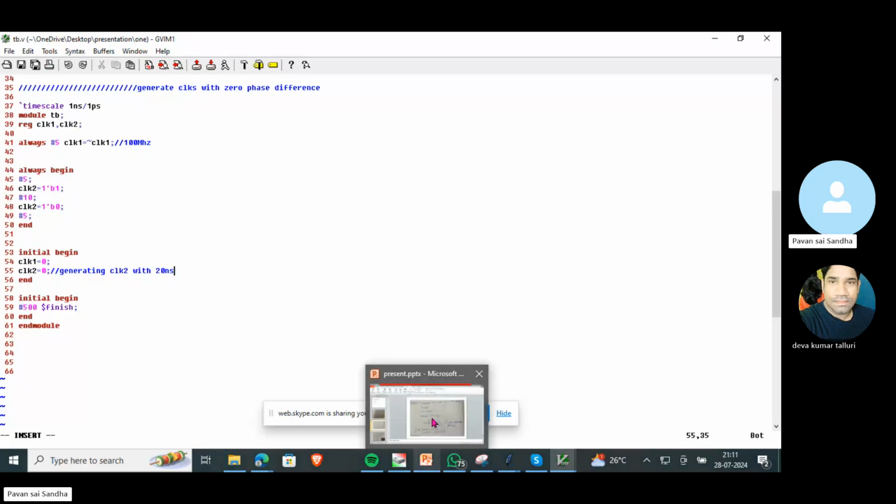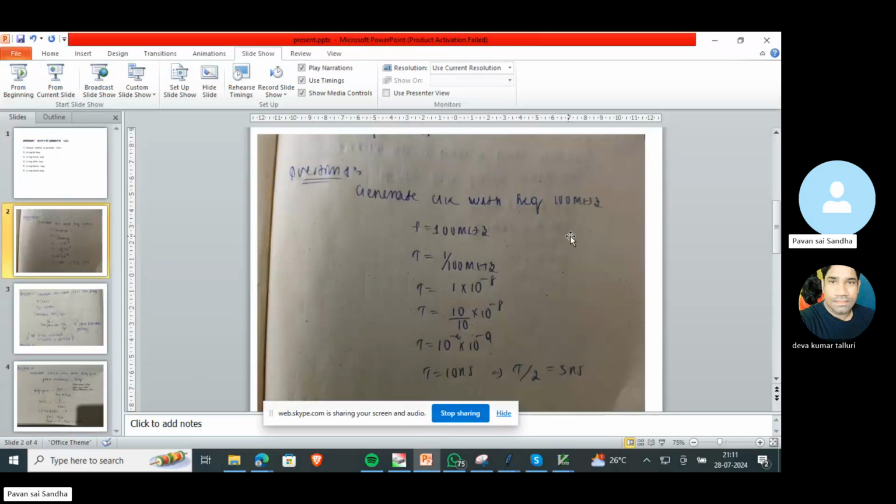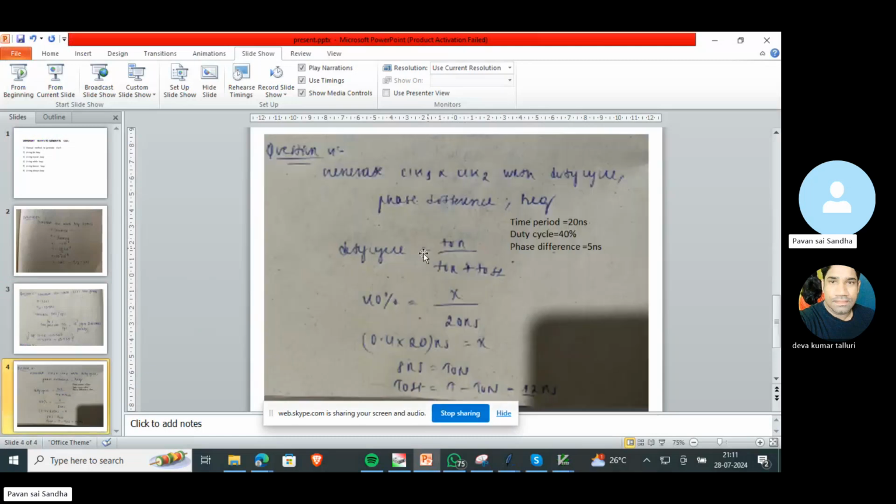And the last question is that here we have to generate. In the previous questions we came to know generating a clock with frequency and with time period, and here generating a clock without a phase difference. But here I will show how to generate a clock with a duty cycle also. So suppose this is my values.